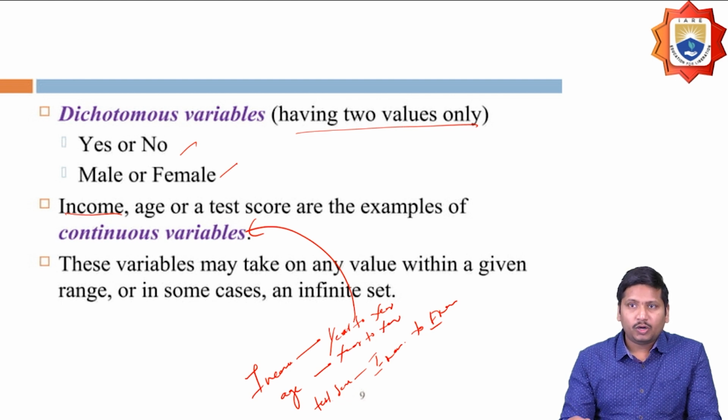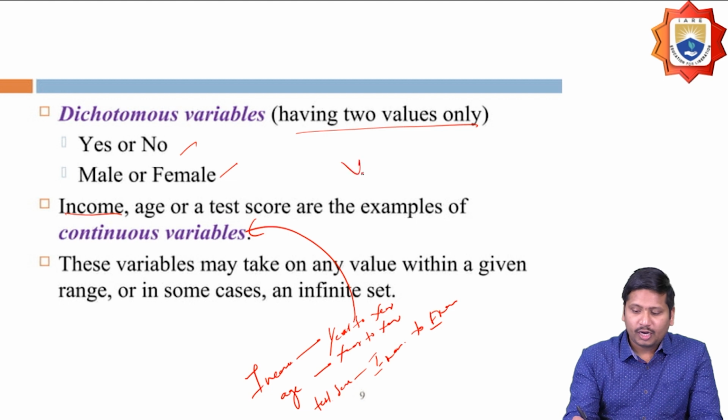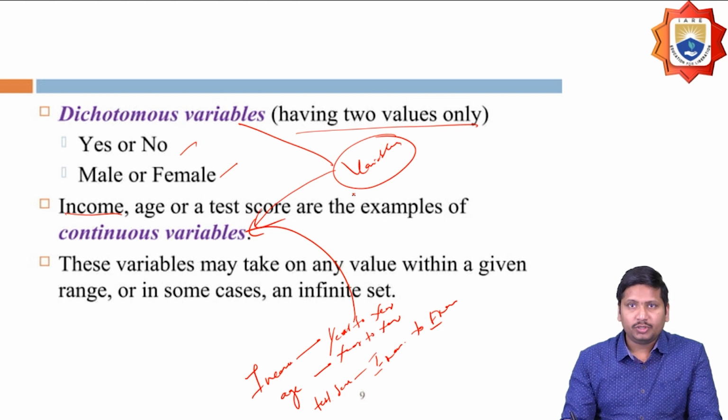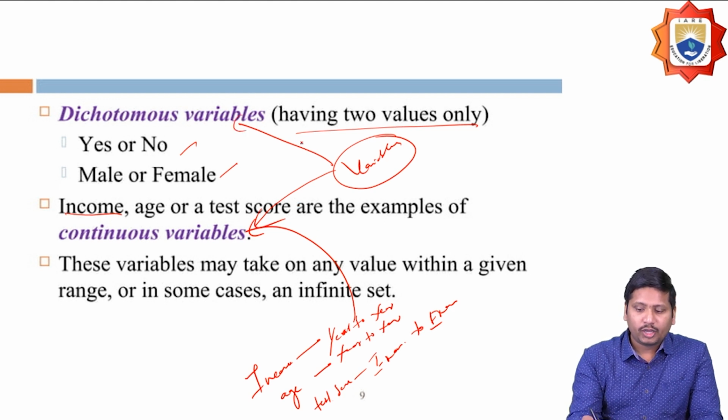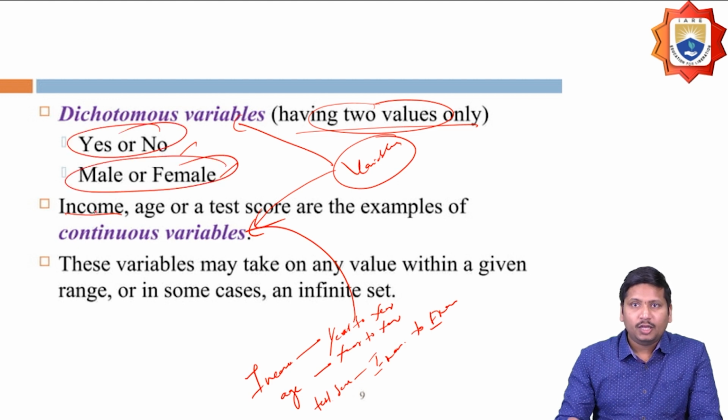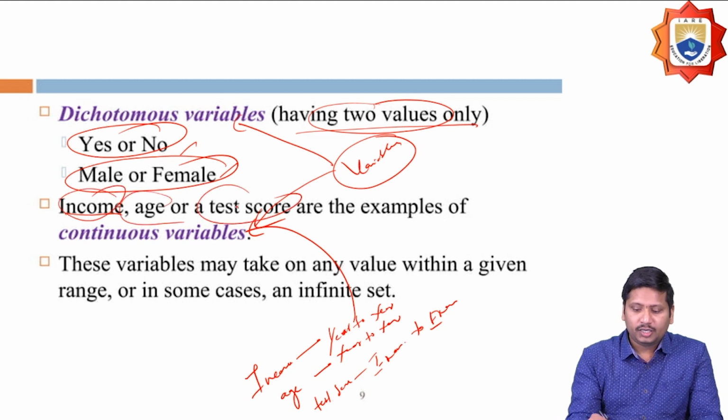These variables can take any value within a given range, and in some cases an infinite set. So the variables are classified into two types: first the dichotomous variables and then the continuous variables. Dichotomous variables have only two values such as yes or no, and male or female, and continuous variables are income, age, and test score.